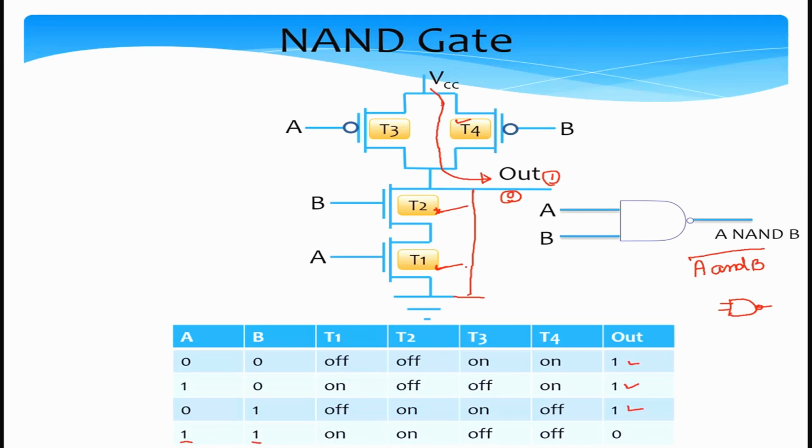We analyze for all pairs of inputs. In this case there are 4 possible pairs of inputs. We just need to make a table of the form that I have shown of which transistor is on and which transistor is off. And then you'll quickly see that according to the design, the output will either get directly connected to the supply voltage, which will give it a logical 1, or get directly connected to the ground, which will assign it a logical 0.